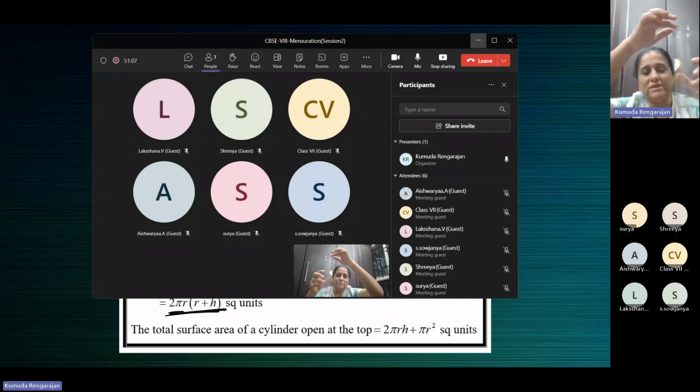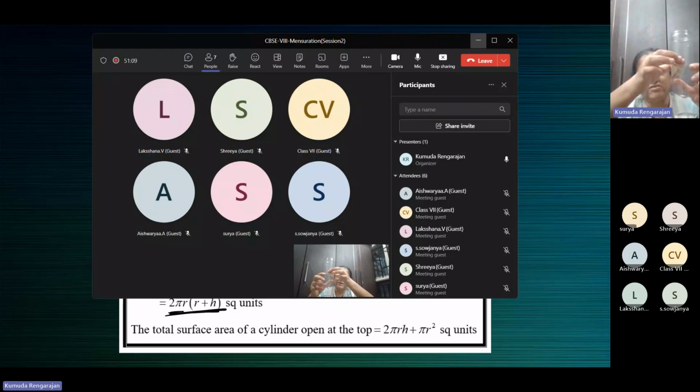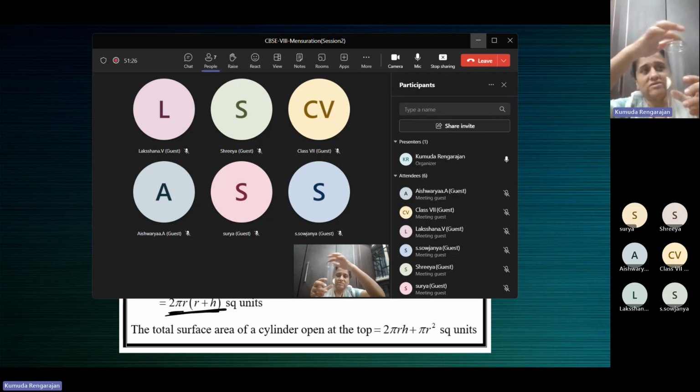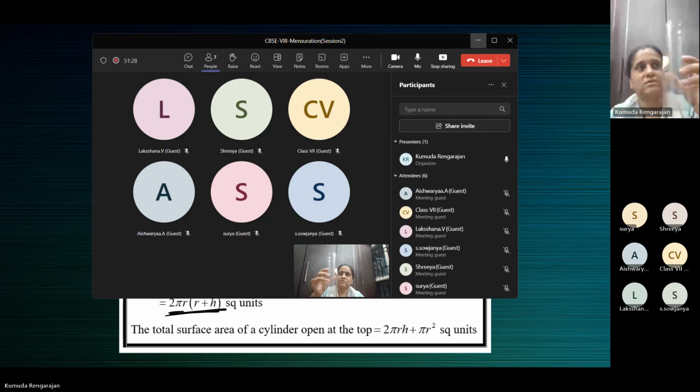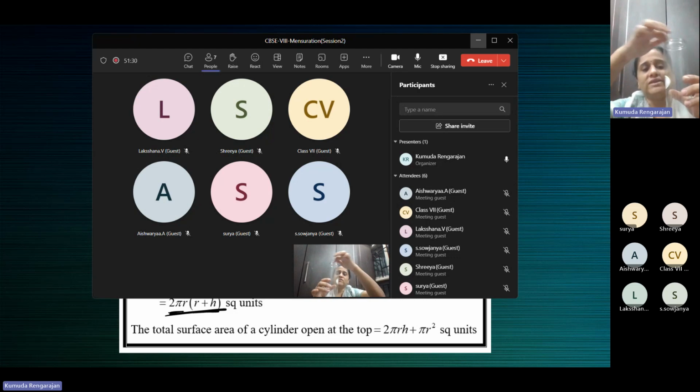There is a circular opening, but there's no material. This plastic is not covered here. So this cylinder is open at the top. You will find area only if the material is used on that surface. This one is a cylinder, but you will not find the area of this portion because there is no material used there.